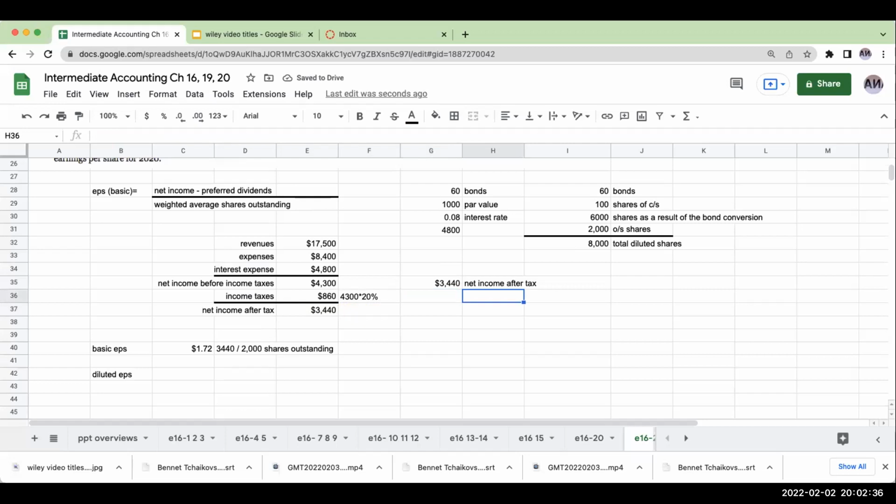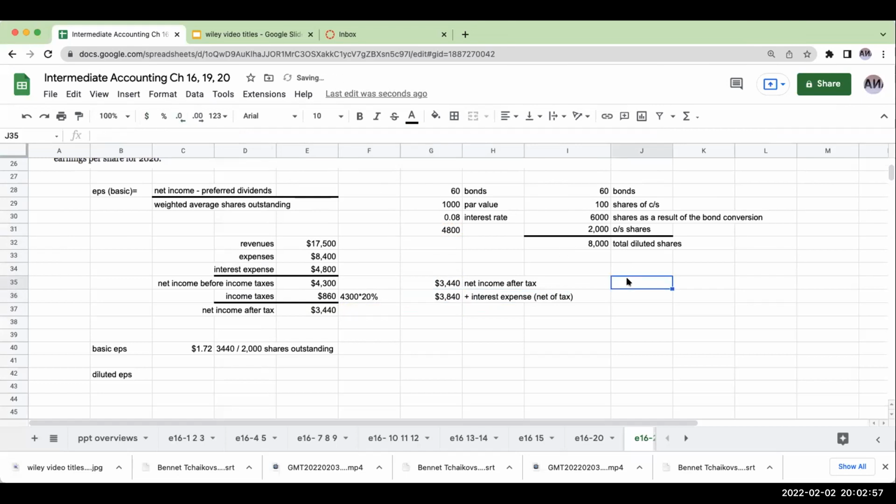Then I'm going to add back the interest expense net of tax.